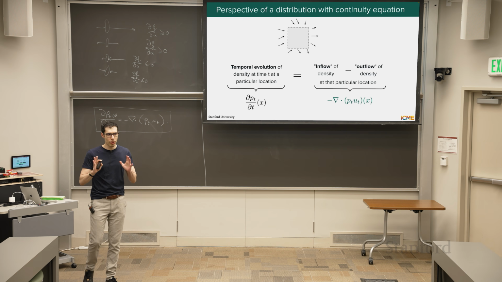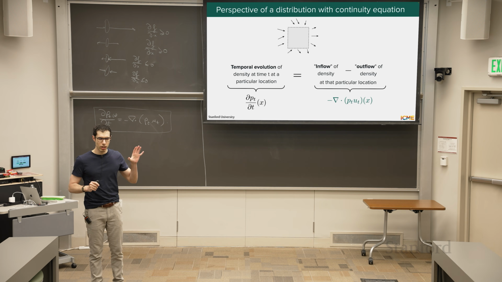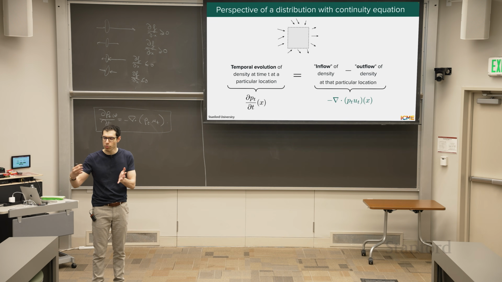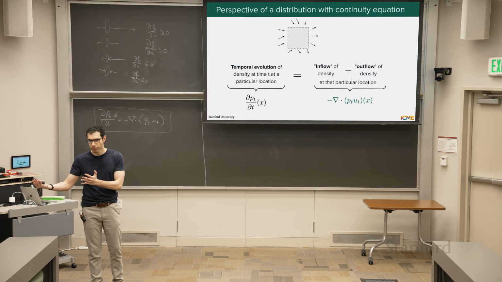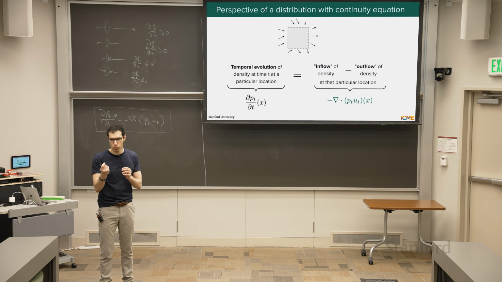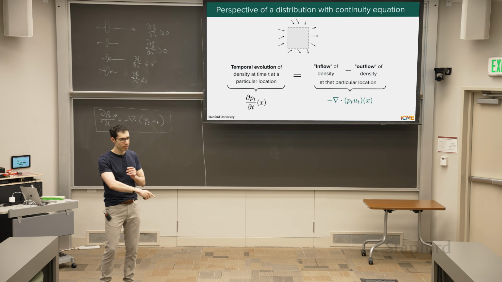And compared to the ODE that we saw before, you can think of this equation as being a macro perspective of how your probability path evolves. And the ODE itself is actually centered on how one particle evolves, which is more a micro perspective.